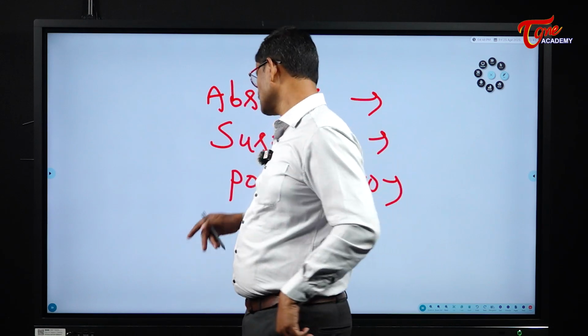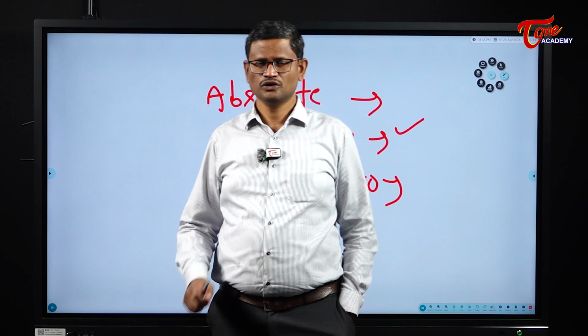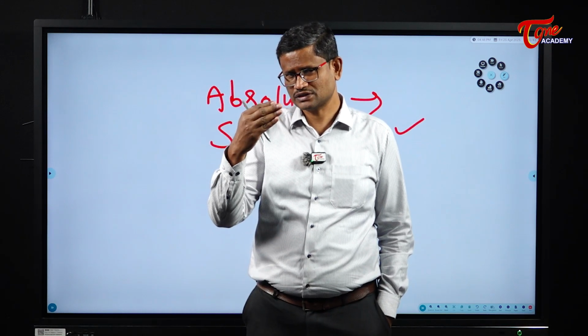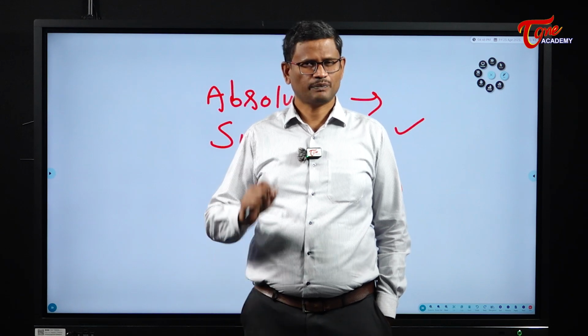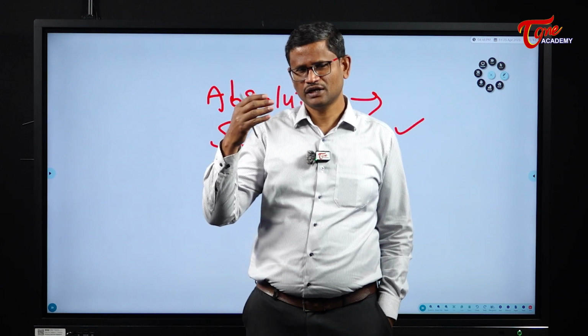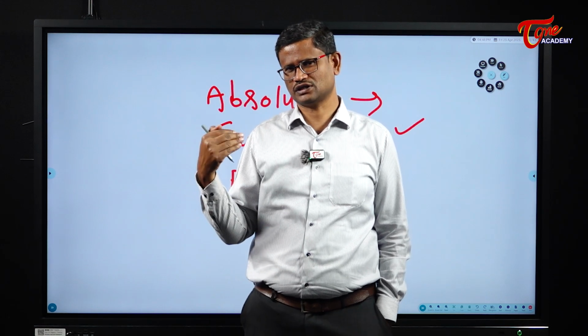The next one is suspensive veto. What is suspensive veto? If an ordinary bill is passed by Lok Sabha and Rajya Sabha and is sent to the President of India, if the President has any objection with respect to the provisions of the bill, the President can send this bill back to the Parliament for reconsideration.